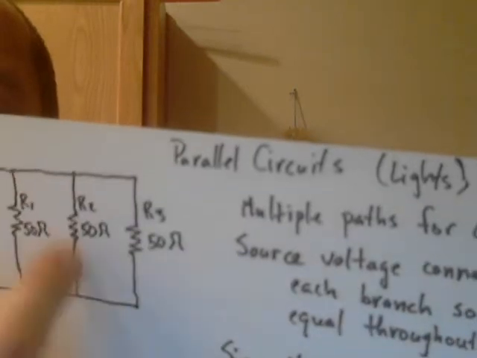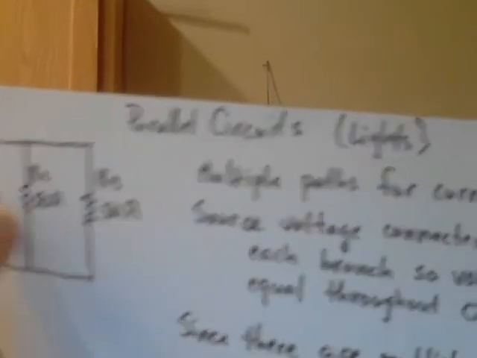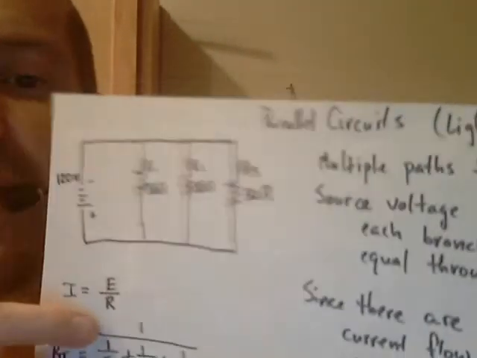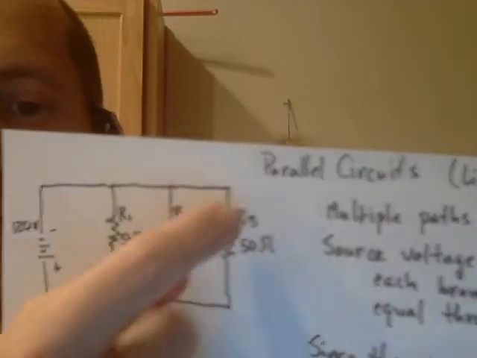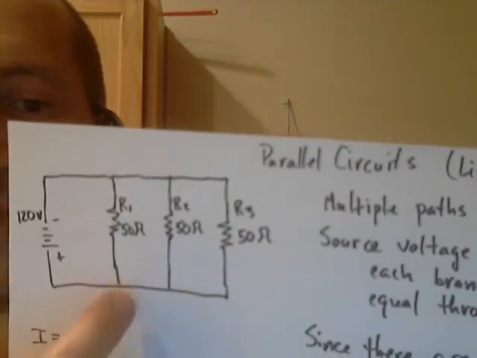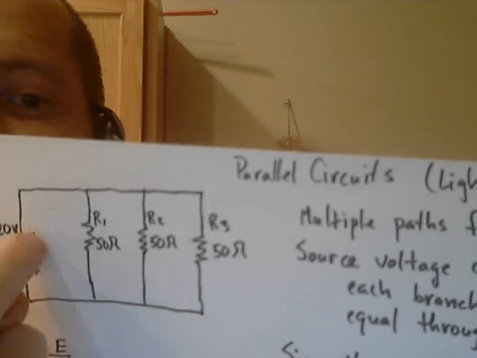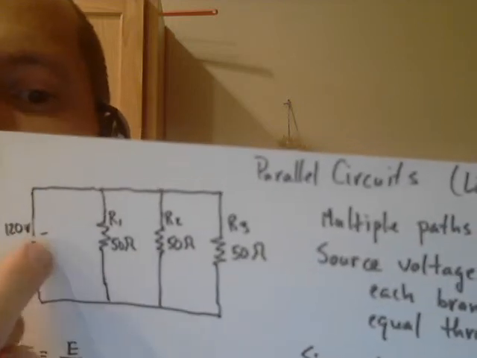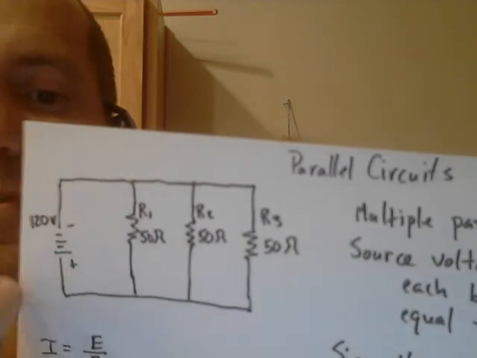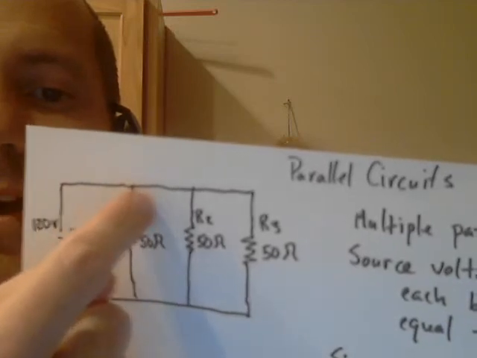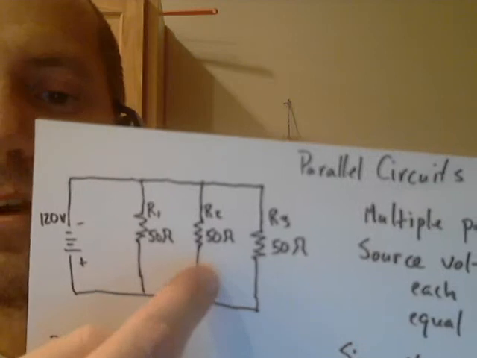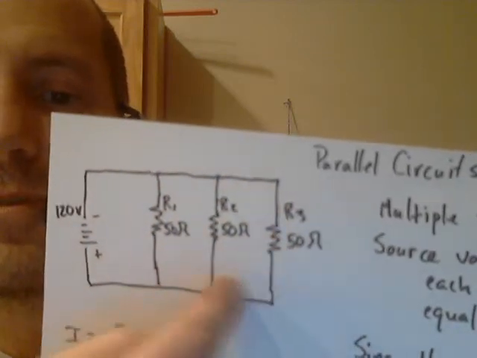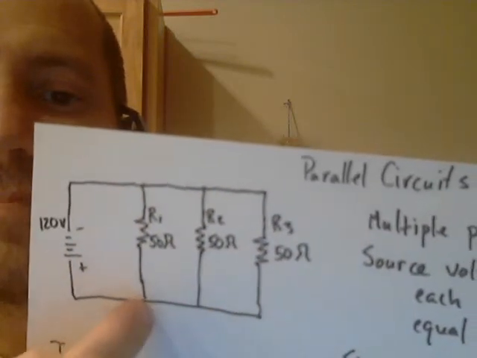So it actually splits, and it's divided among the various branches of the parallel circuit. What is going to be the same, though, is the voltage. Instead of having voltage drops, each resistance is hooked up directly to both the negative and positive terminal of the voltage source. So there's going to be 120 volts of pressure at R1, 120 volts at R2, and 120 volts of electrical pressure at R3.